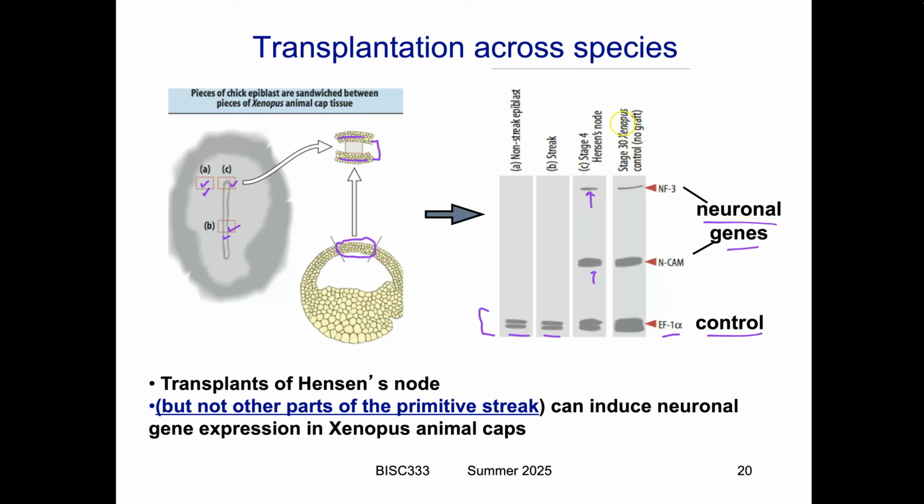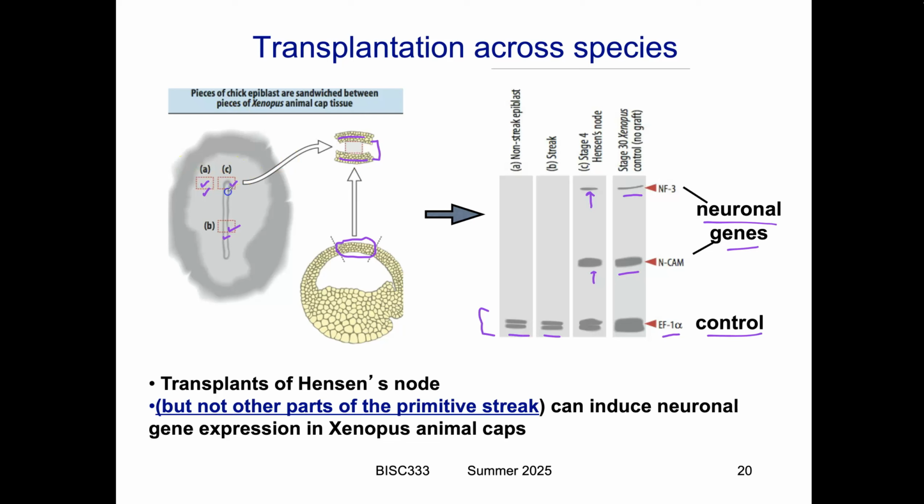And if you looked at the frog later on at stage 30 and you were to culture neural ectoderm cells and assess the gene expression, you would find those same genes being expressed in presumptive neural tissue of the actual Xenopus, the frog embryo.